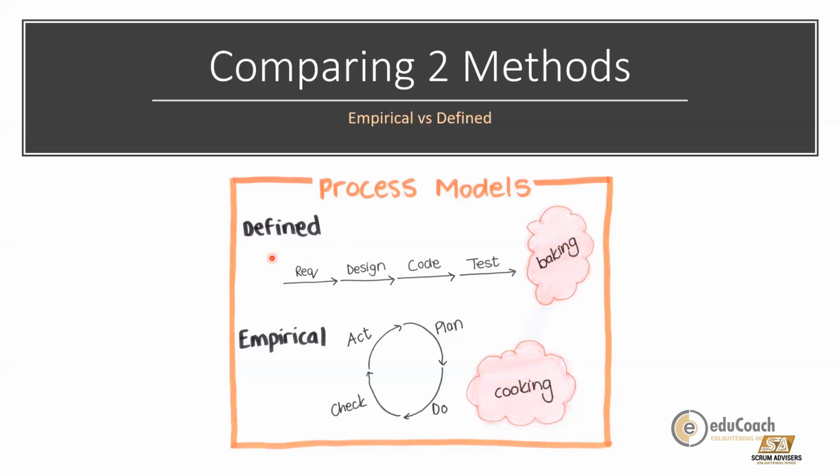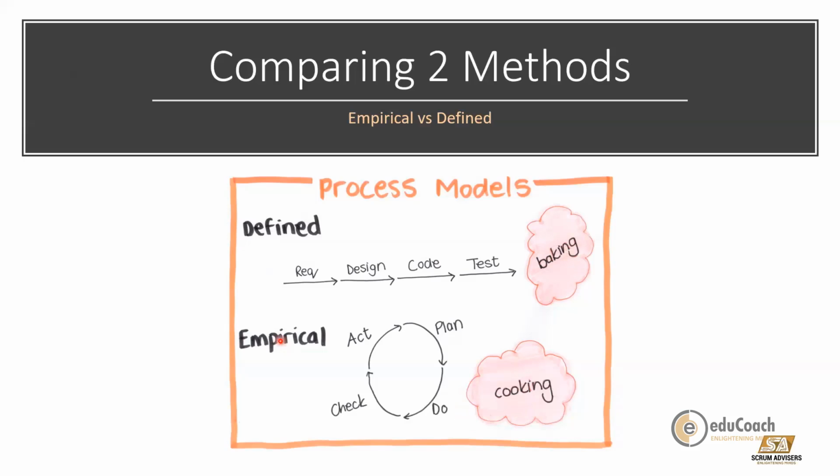You are not able to test in the middle of the baking process whether the salt or some of the ingredients are okay or not, or whether you need to add something or not. I mean, it's a simple process thing. The baked product is available at the end of the baking time.